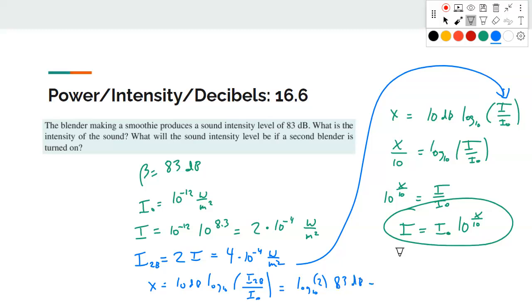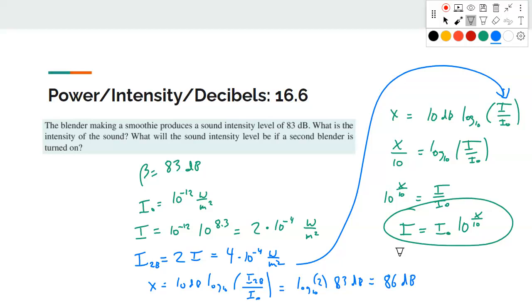So this is the important idea that I said you may actually encounter even on the MCAT, is that if we double the intensity of the sound, we only increase the decibel rating by 10 times log base 10 of 2. And so when we do this, you'll find that it only changes from 83 to 86 decibels.